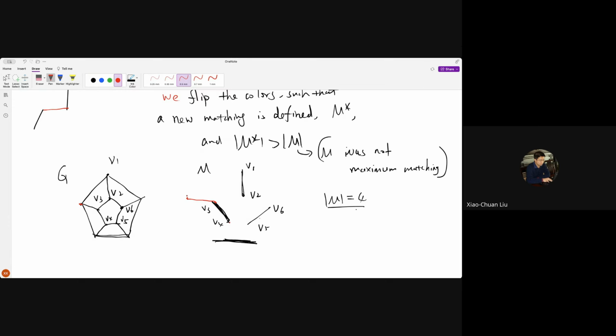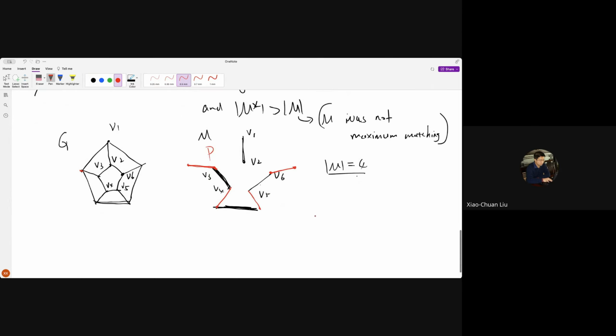And then I found this path. The path starts from this edge, which is not in my matching, and I got this edge, and this edge, right? So by definition, this path P here is an M augmenting path. So I can flip.